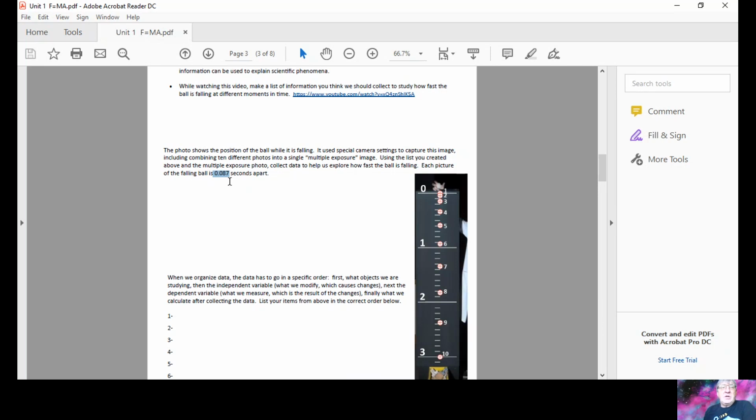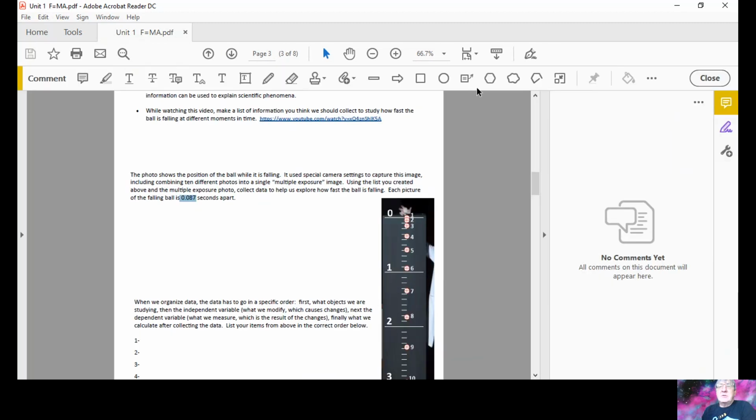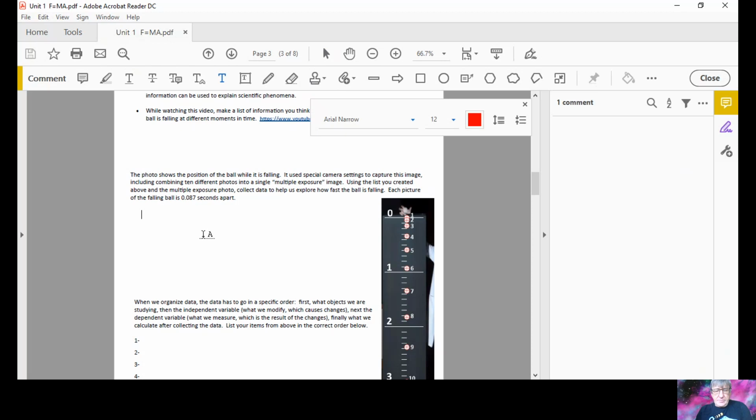Okay? So right here, they want us to start collecting some data. And so what I'm going to do is take my comment menu, and I'm going to write some things down here. So for example, I'm going to say position 1 was right exactly when he let go of it.